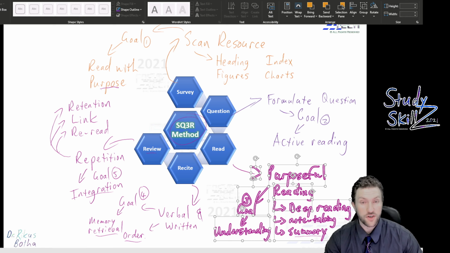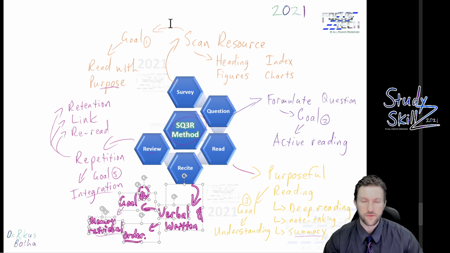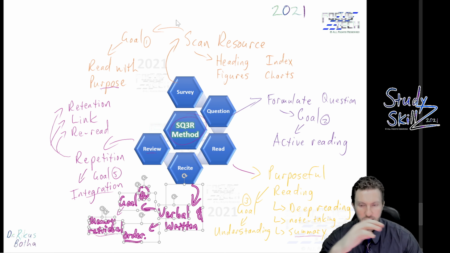Once you've done that, you want to be able to recite the information. And what does recite look like? Well, essentially recite is all about being able to take the information and process the information in a slightly different way. So you want to be able to make notes, summarize your previous notes, and basically improve on what you've done before. So basic illustration there, SQ3R.